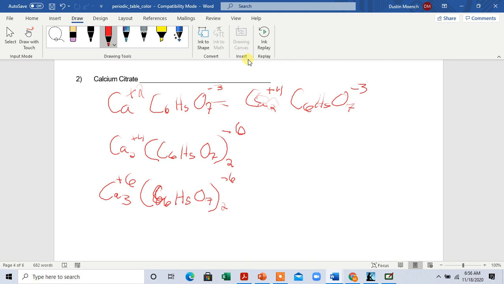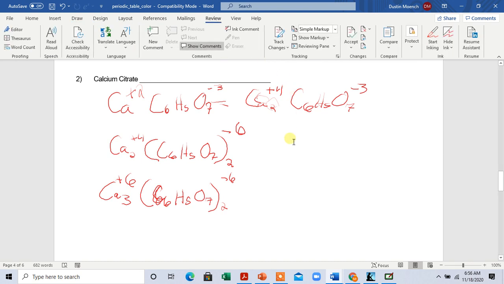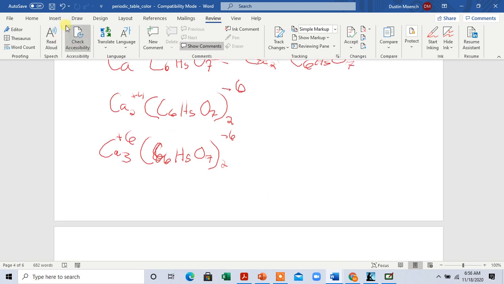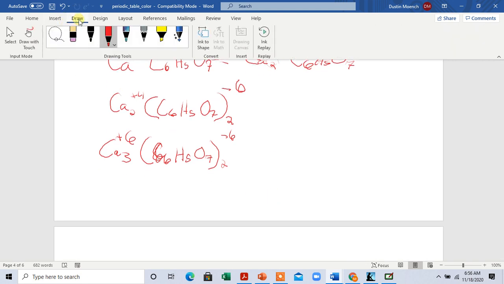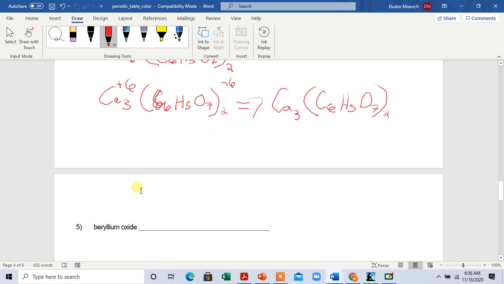So now I just need to write what I have here as my final formula, but without any of the charges. So my final formula is going to be Ca3, then keep my parentheses, C6H5O7, 2, calcium citrate. Let's do one more.